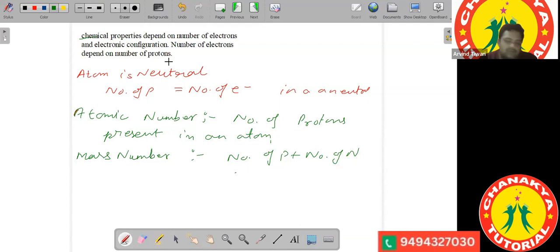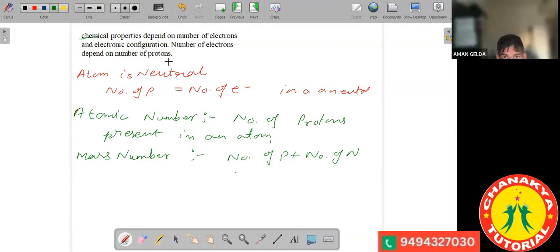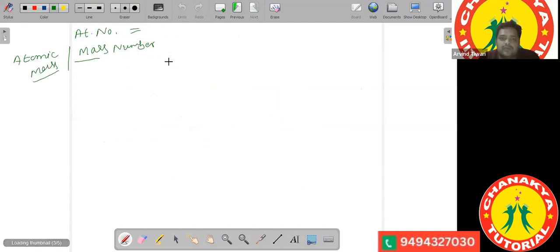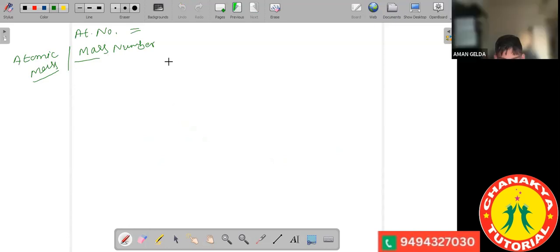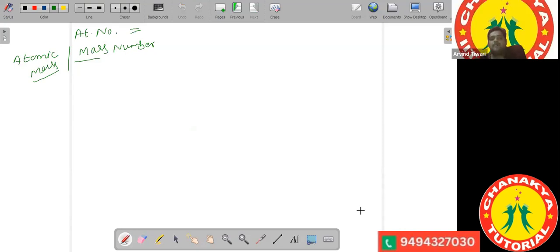Aman, will the chemical properties depend on the number of neutrons? No, sir. Why no? Rikshit, why do the chemical properties not depend on the number of neutrons?